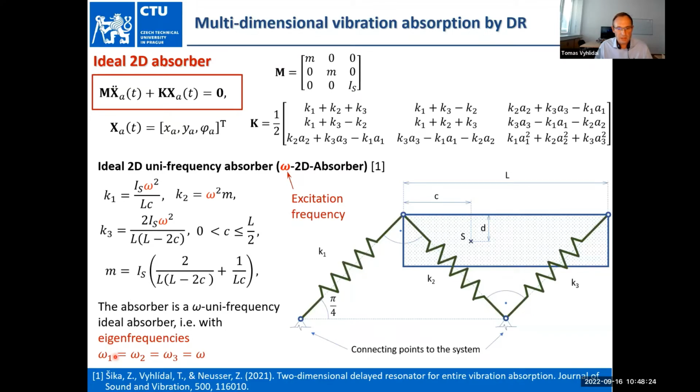And with Zbigniew Šika and Zdeněk Neusser, we have shown recently that for the given configuration of the absorber or the resonator, it cannot be done only by tuning the parameters. We also have some constraint on the construction.